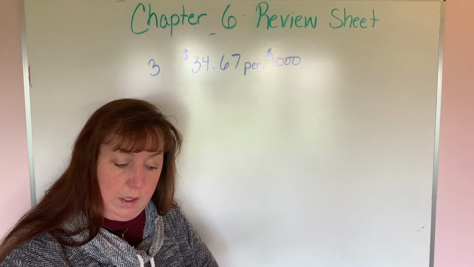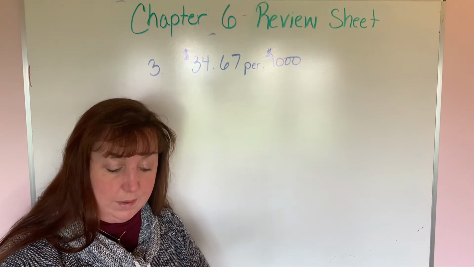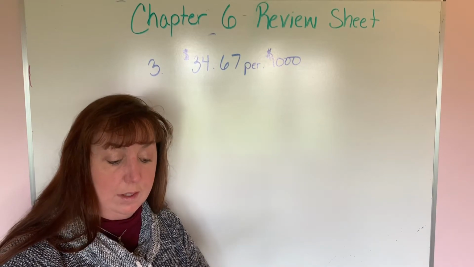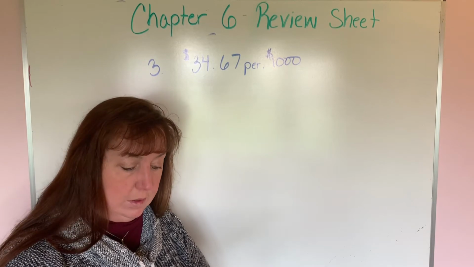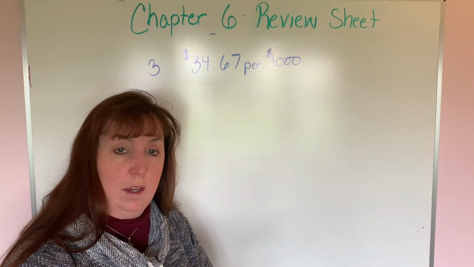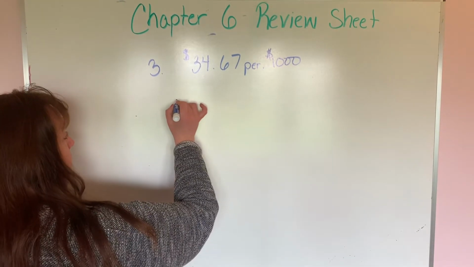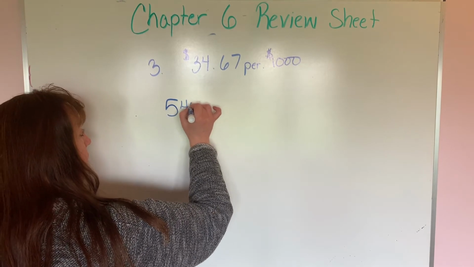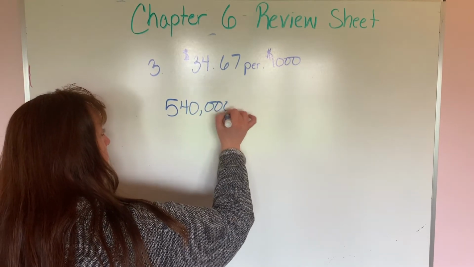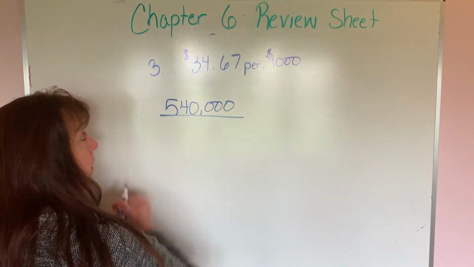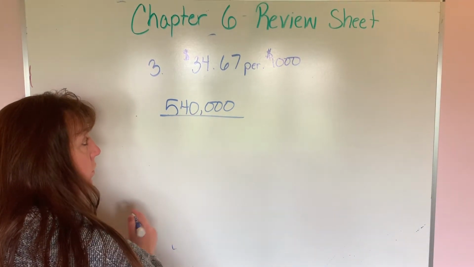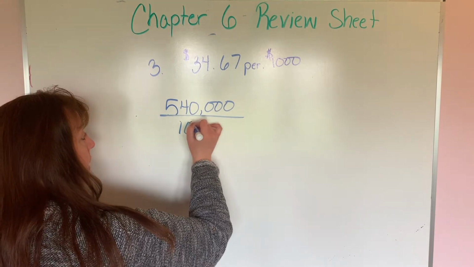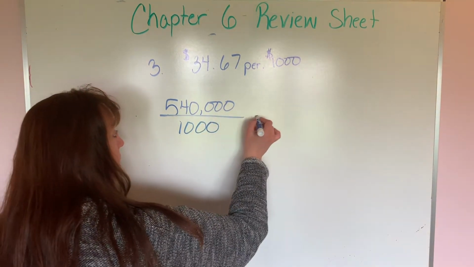Find the tax due on a business whose property is assessed for $540,000. So the assessment is $540,000. We have to pay $34.67 on every thousand of that $540,000. So divide and see how many thousands are in there.